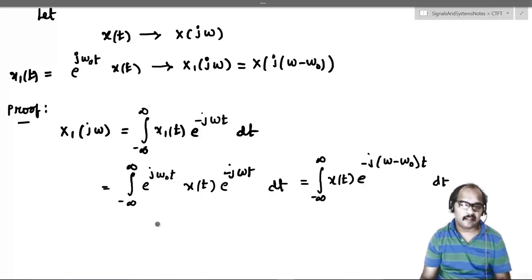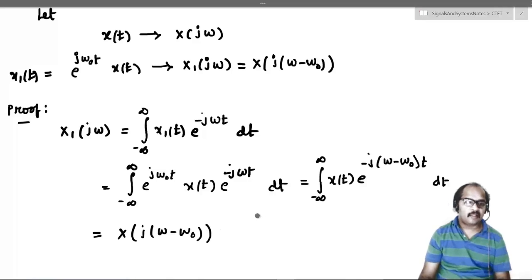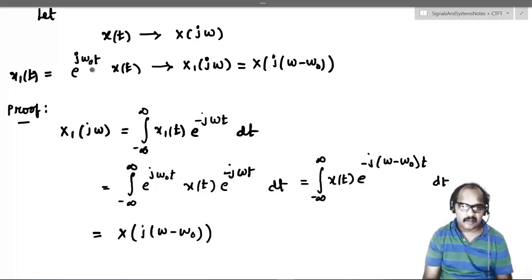But if you look at this equation a little carefully, it looks like the analysis equation, except that omega is replaced with omega minus omega naught, and hence this should be equal to x of j omega minus omega naught. So what did we prove? We have proved that if you multiply your signal x of t with e power j omega naught t, in frequency domain you have to shift the Fourier transform by omega naught units.